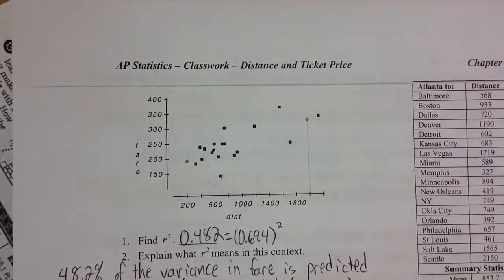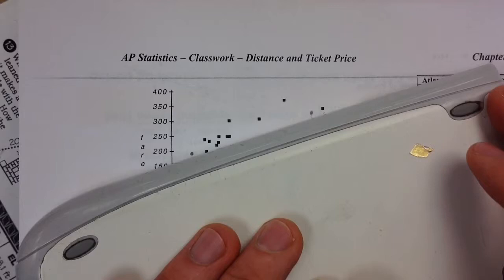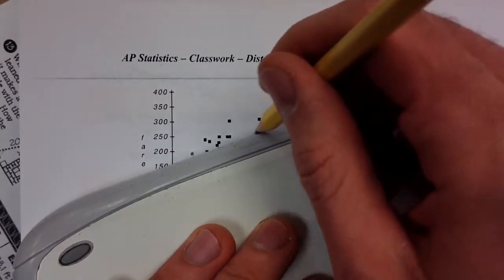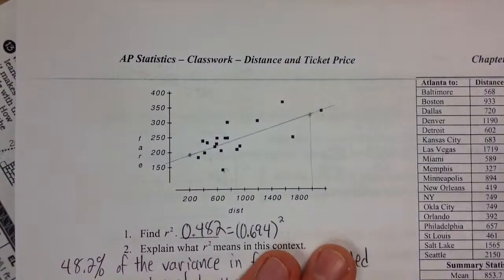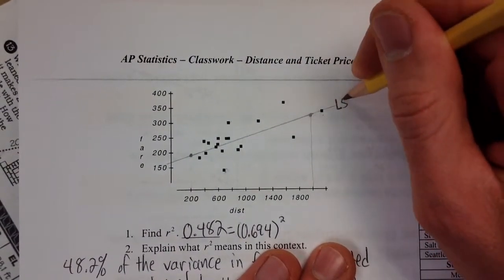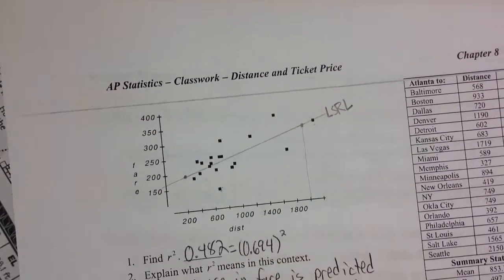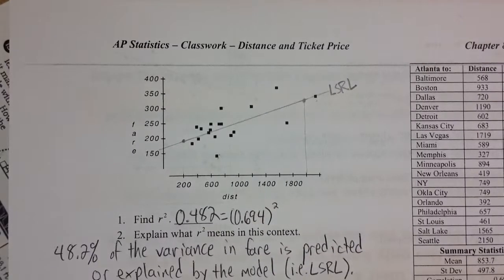And then connect those two dots. Remember, you can use your calculator's lid as a straight edge. That is the line that minimizes the sum of the squared residuals, aka the LSRL. Most commonly used method for creating linear models.